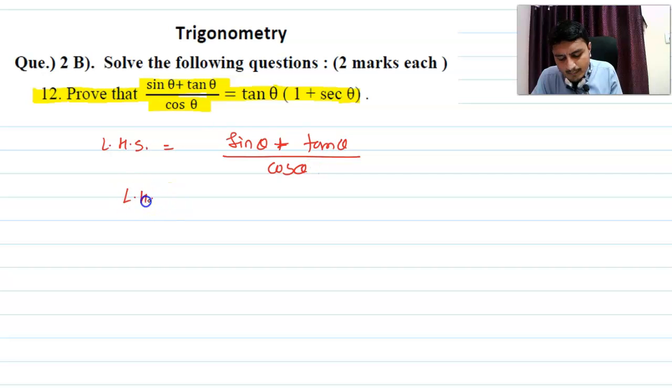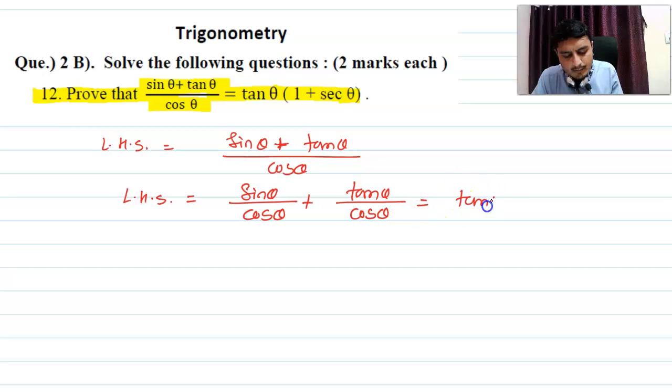Now once we separate the denominator, we get sin theta upon cos theta plus tan theta divided by cos theta. Now we well know sin theta upon cos theta is tan theta, and tan theta divided by cos theta we can write as tan theta into 1 upon cos theta.